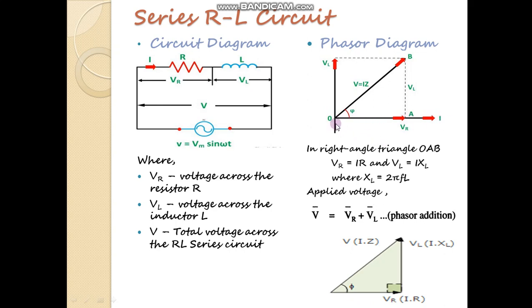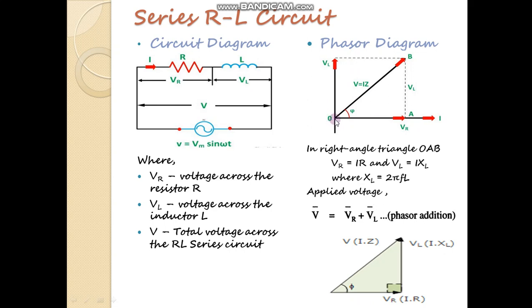After that, we know that in a purely inductive circuit, the VL was leading the current by exactly 90 degrees, or the current was lagging the voltage by 90 degrees.